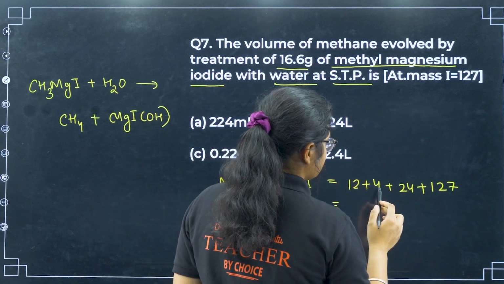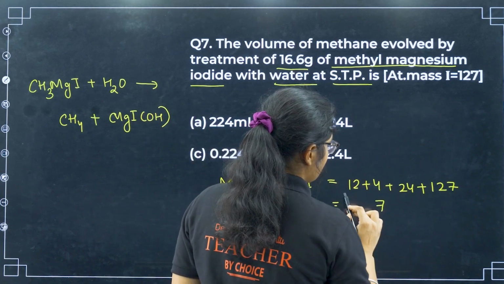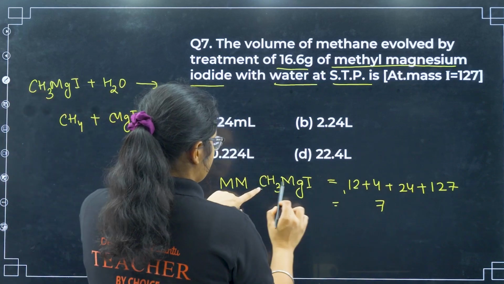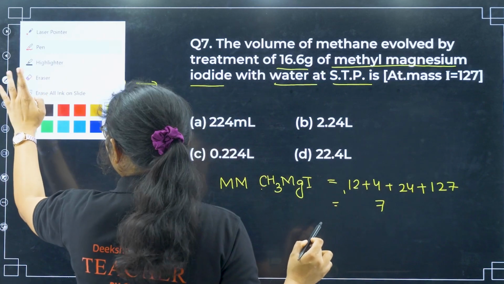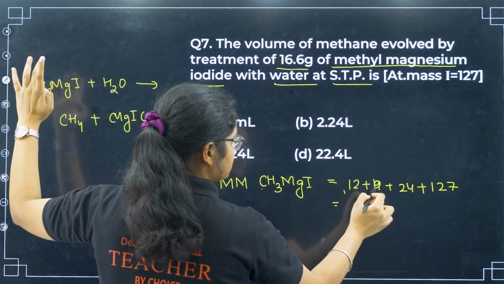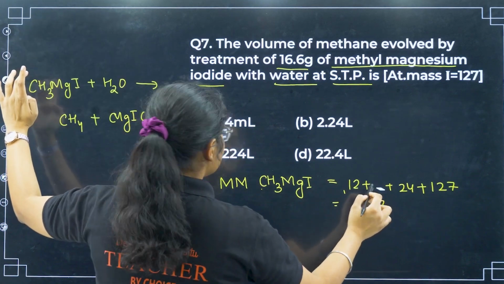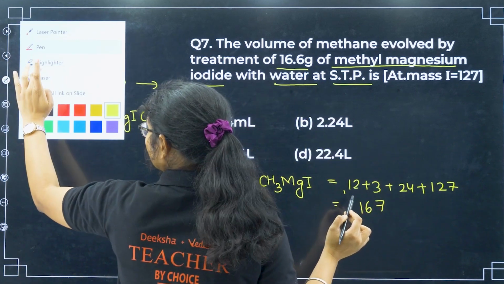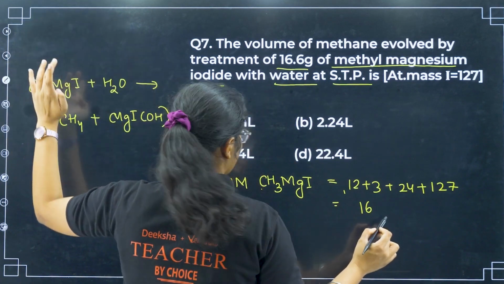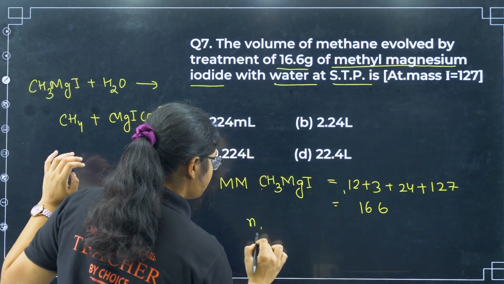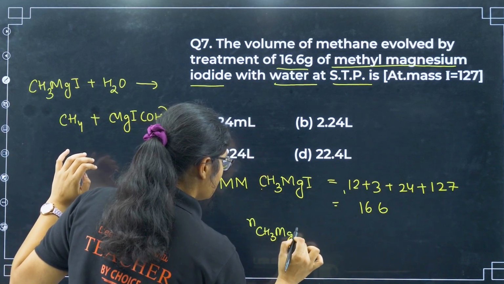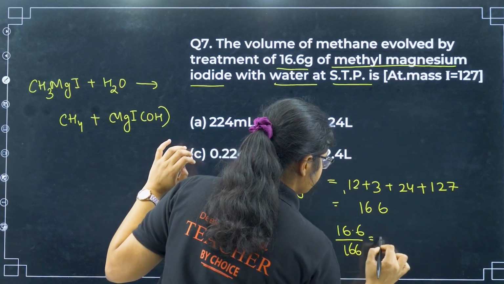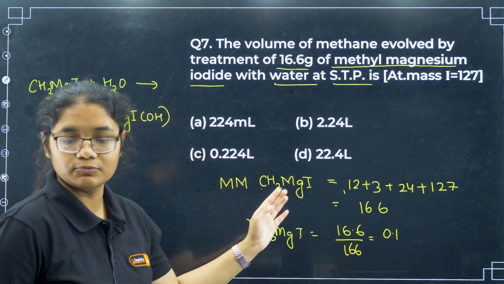If you add these, you will get 166. So what is the number of moles of CH3MgI? Given mass by molar mass, 16.6 by 166, so the number of moles is 0.1.